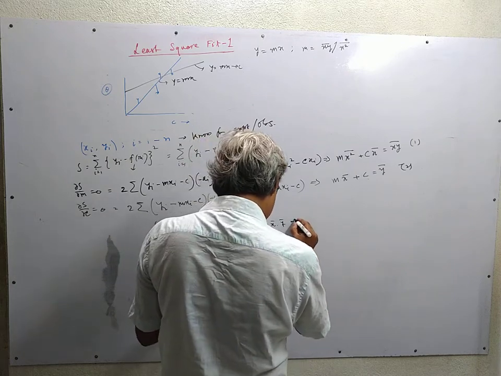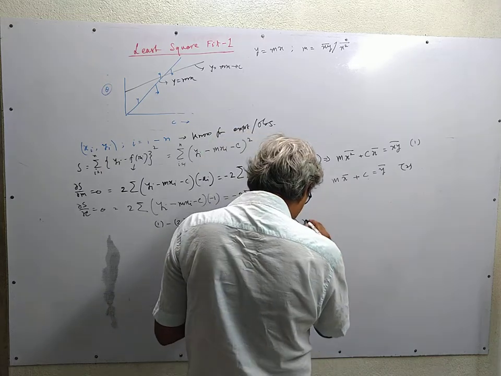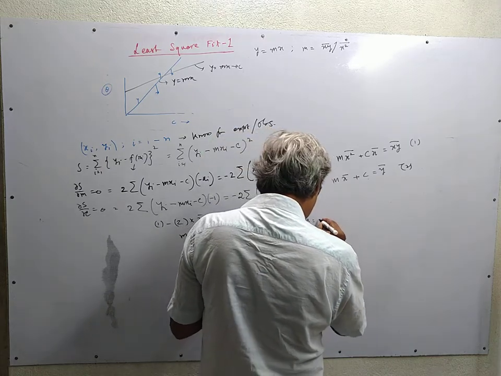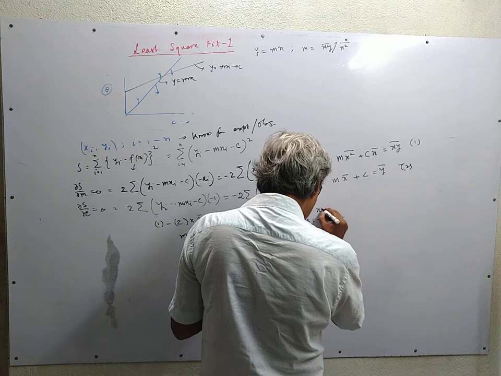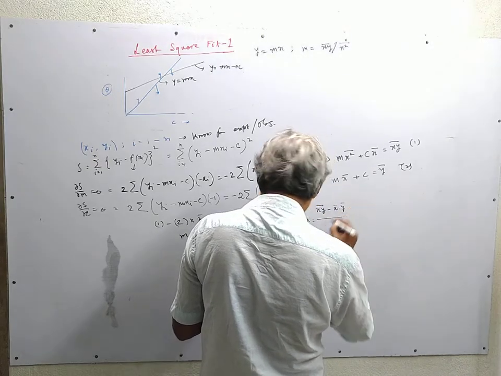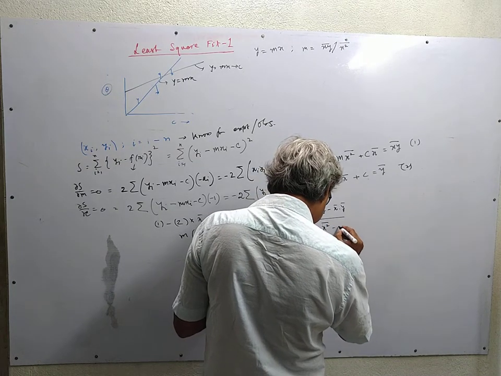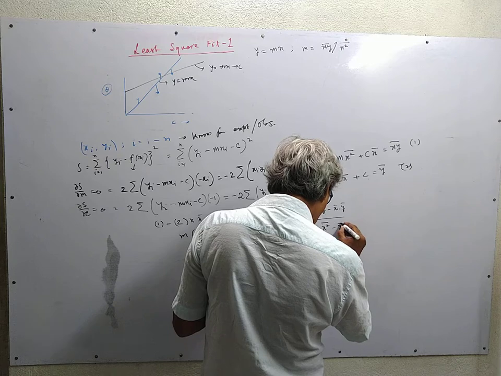So this gives you m is equal to xy average minus x average dot y average, divided by x square average minus x average square.